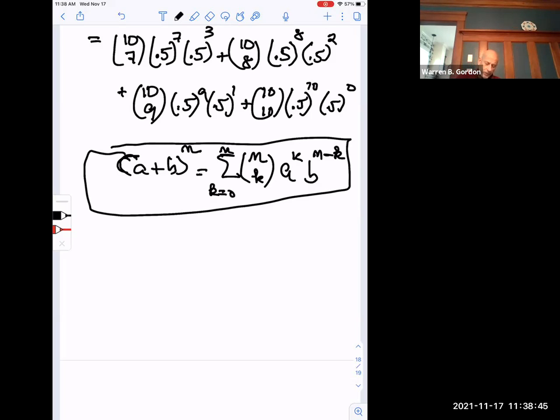We know for the binomial distribution, the probability that x equals k is n choose k, p to the k, q to the n minus k.